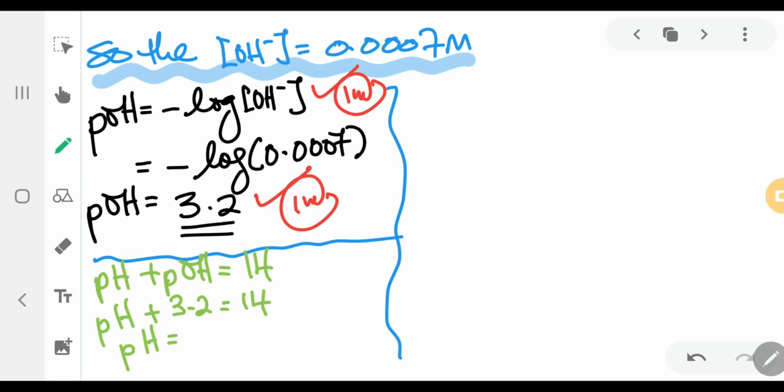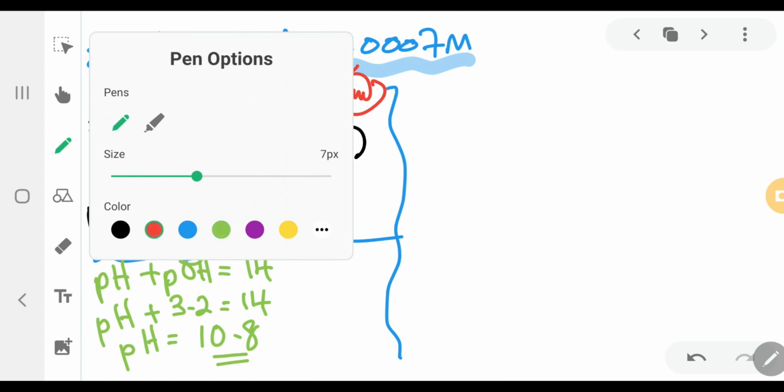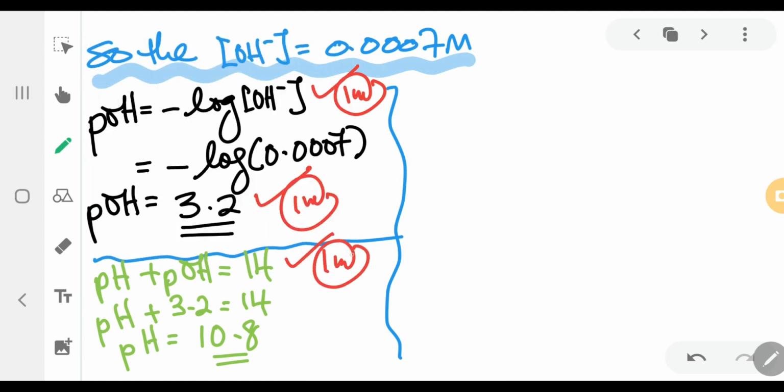Therefore, the pH would be around 10.8. Get 1 mark and 1 mark.